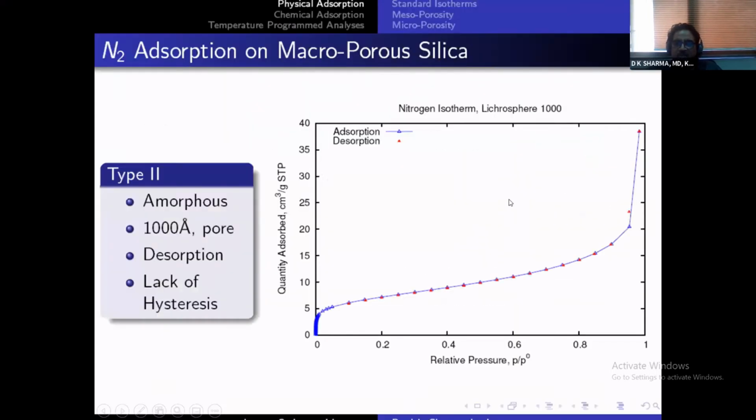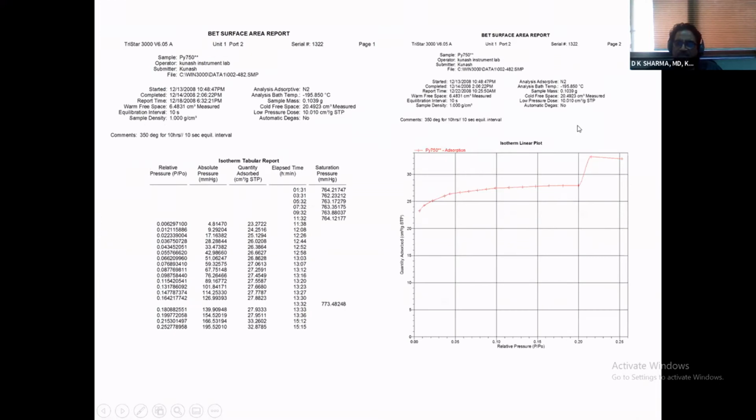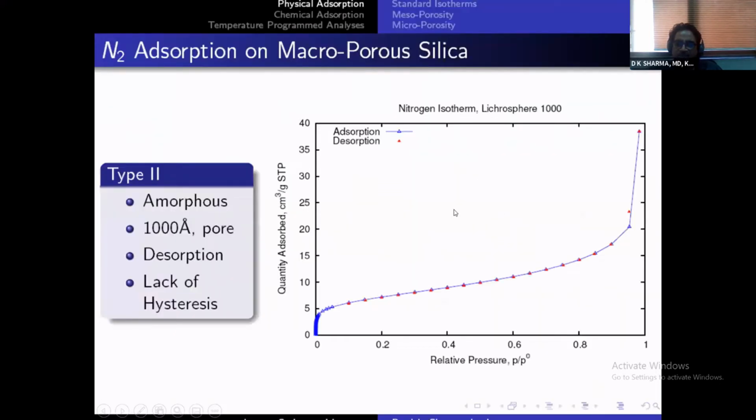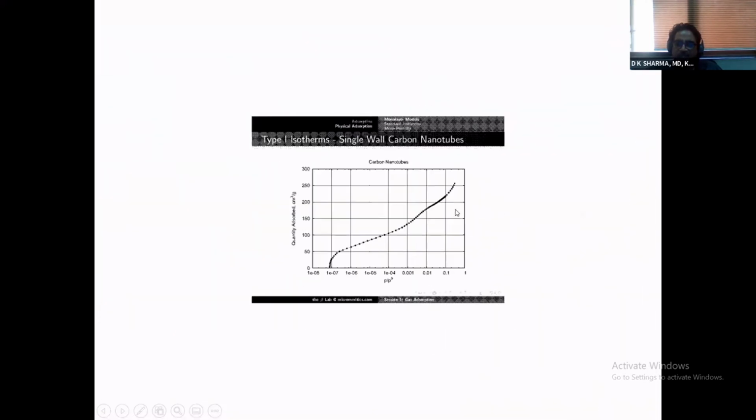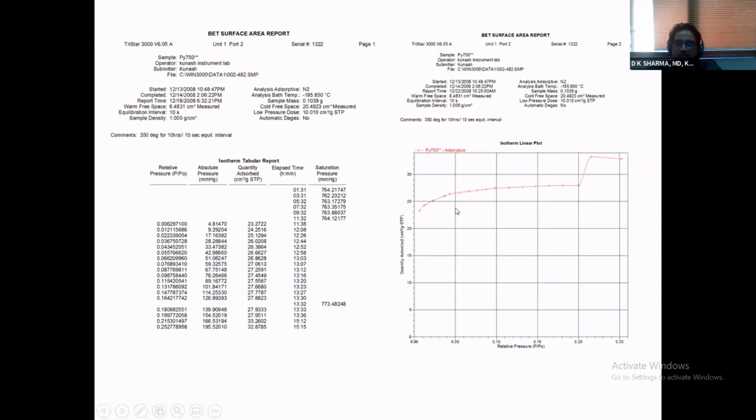This is a slightly larger picture. You can see it easily. The isotherm should have been like this. This difference itself is quite high when it comes to surface area measurement.